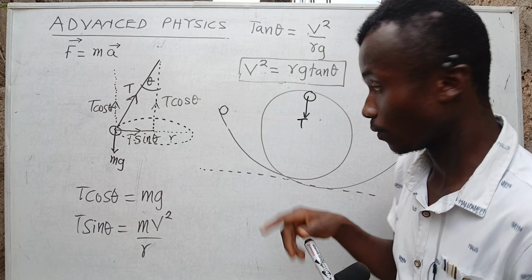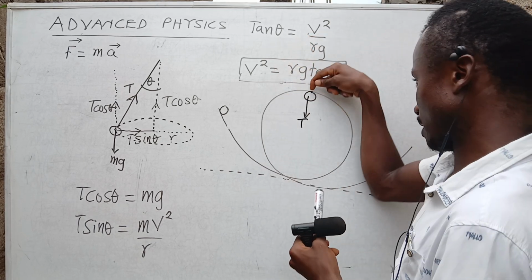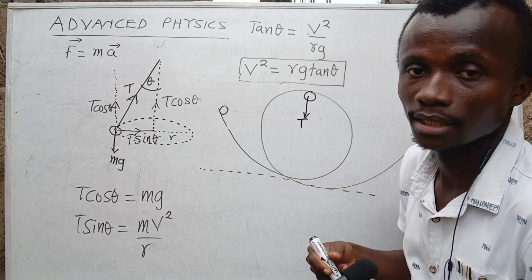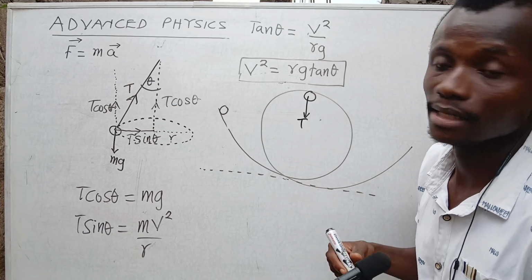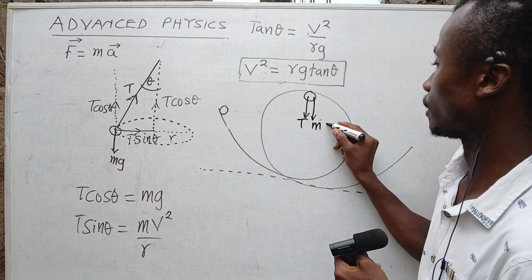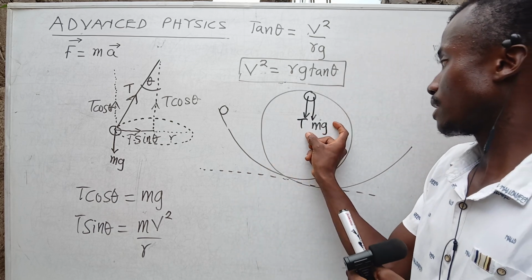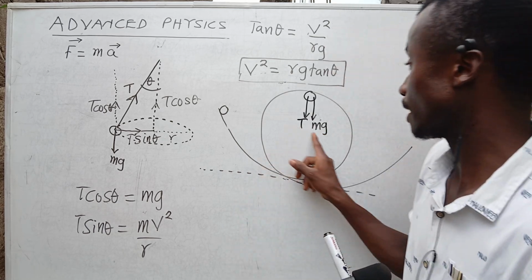According to Newton's third law, the bob exerts a force on the track, and the track exerts an equal but opposite force on it. Let's call that force T. Gravity also acts on it, mg. This is the net force on the object, T and mg.